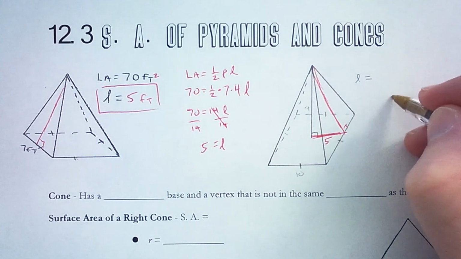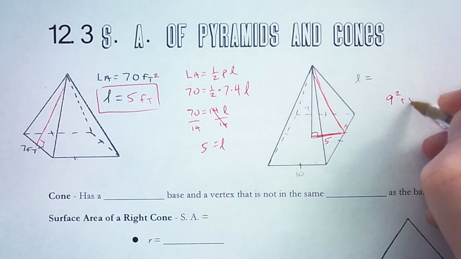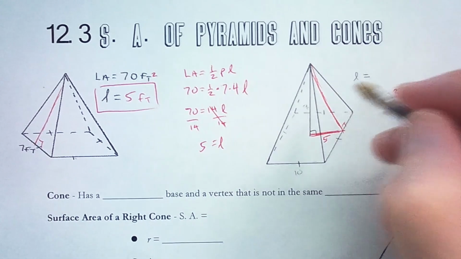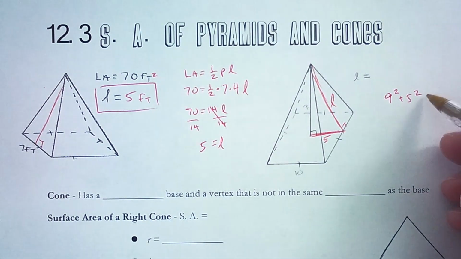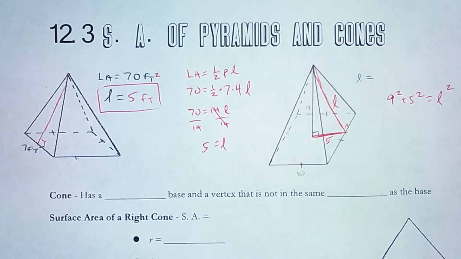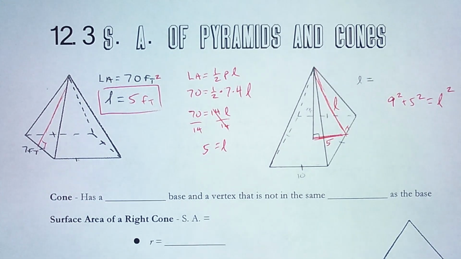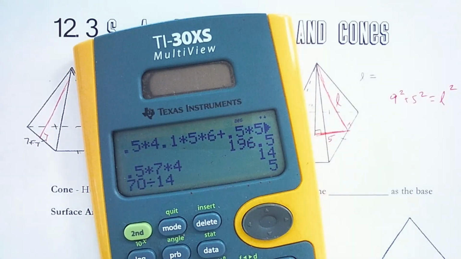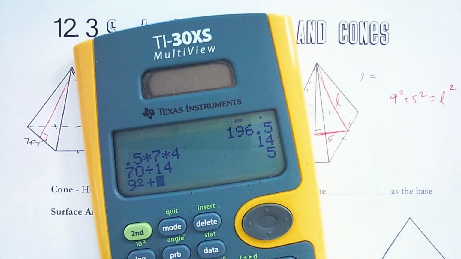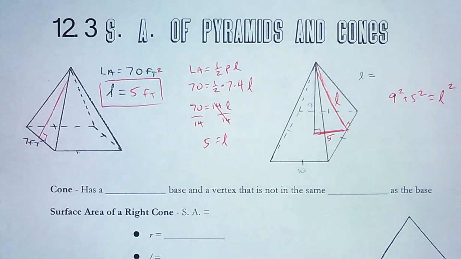So to find the slant height, we could do 9 squared plus 5 squared, that's leg squared plus leg squared, equals the hypotenuse squared, and the hypotenuse here happens to be the slant height, so the slant height squared. So we've got 9 squared plus 5 squared, and that is 106.